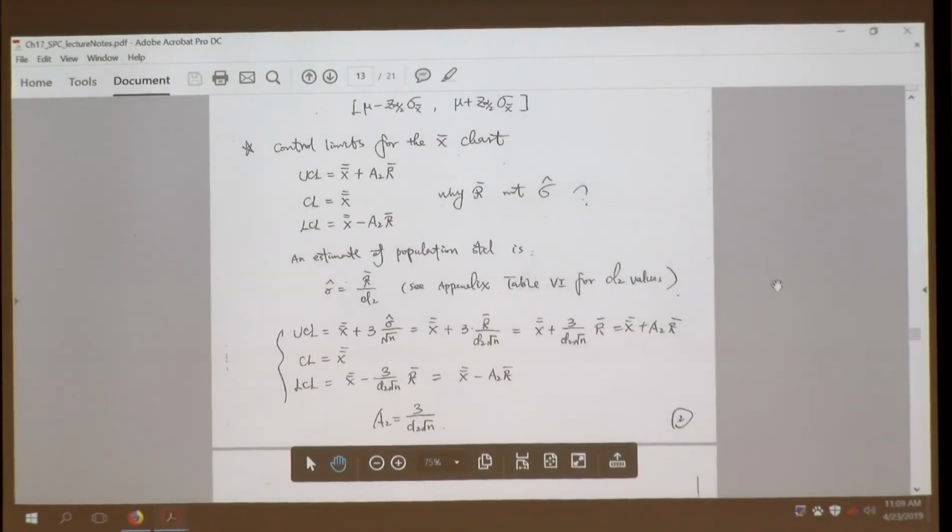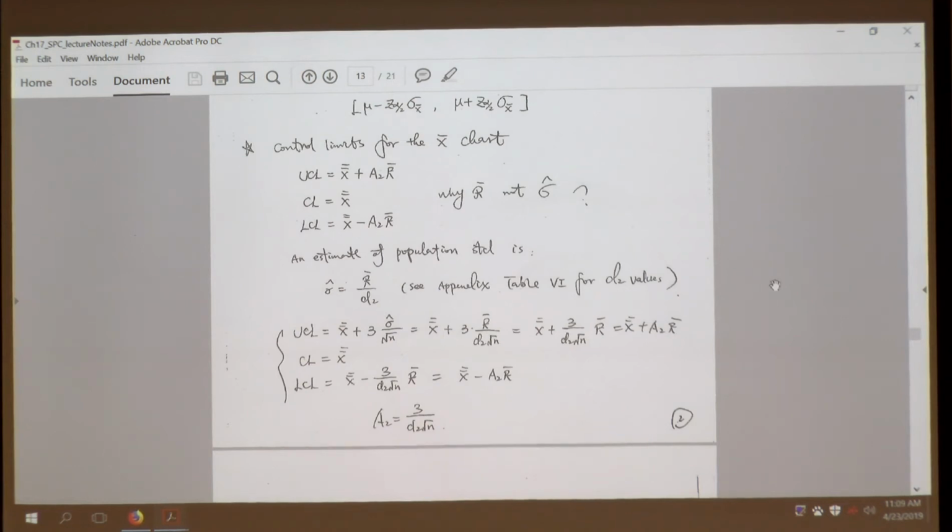Now let's get back to this one. We have the upper control limit, center line, and lower control limit, and we know how to calculate A2. A2 right here, and D2, see the table for the D2 values.